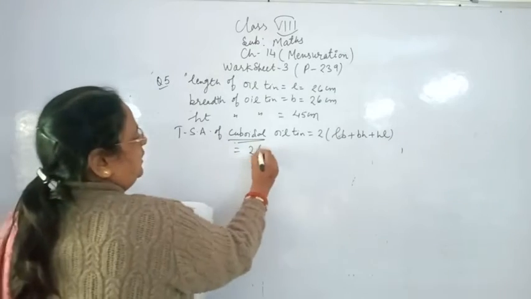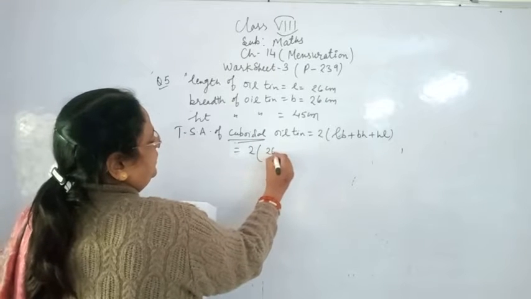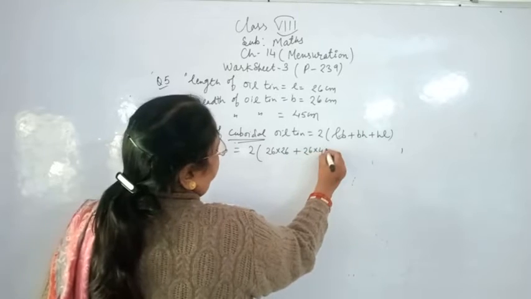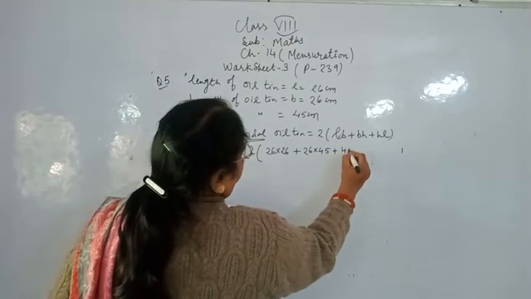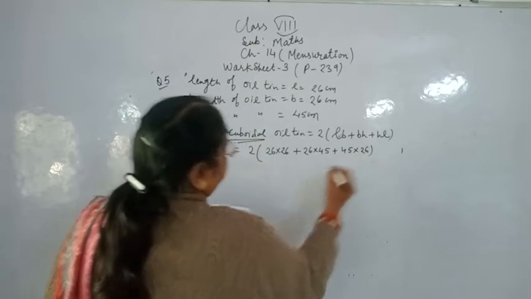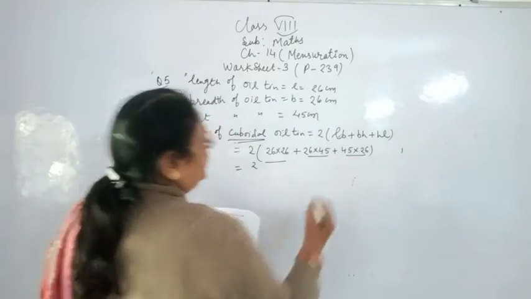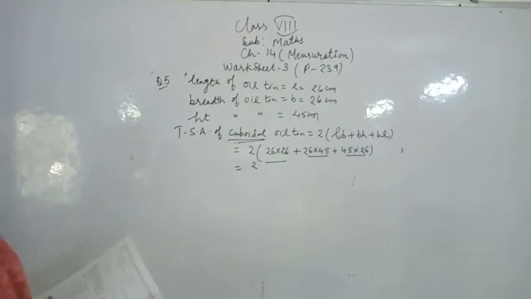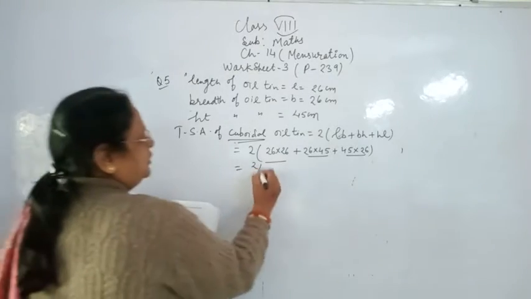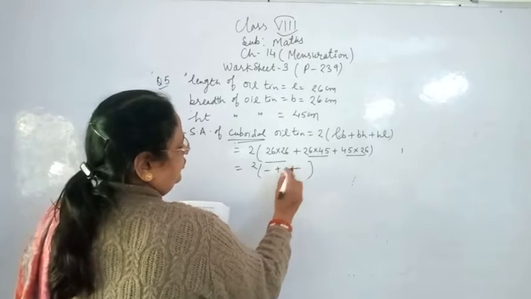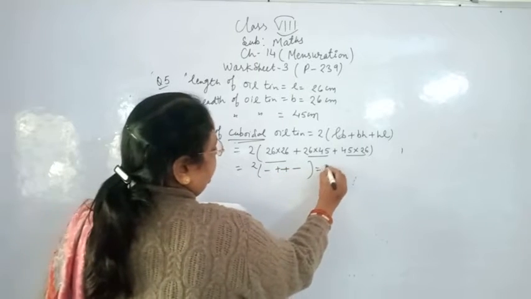So put the values: L into B means 26 into 26, plus 26 into 45, plus 45 into 26. Students, you will calculate these values yourself. Already in the first equation I have done the complete question for you. Now here you will calculate these three values and add these three to get the result.